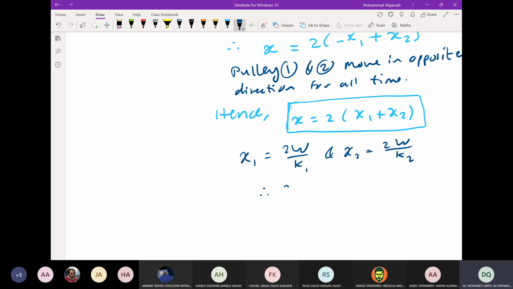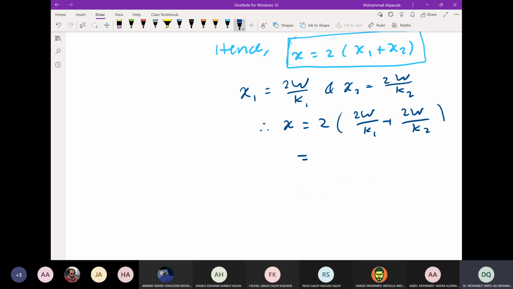So therefore X becomes 2 times 2W over K1 plus 2W over K2. And we can simplify this by taking 2W outside as common factor. This becomes 4W times 1 over K1 plus 1 over K2.